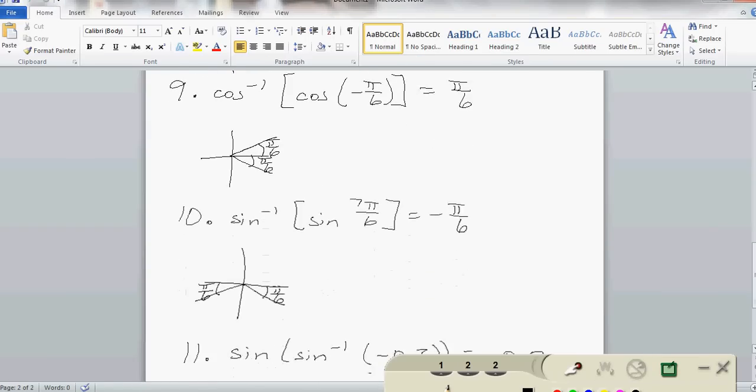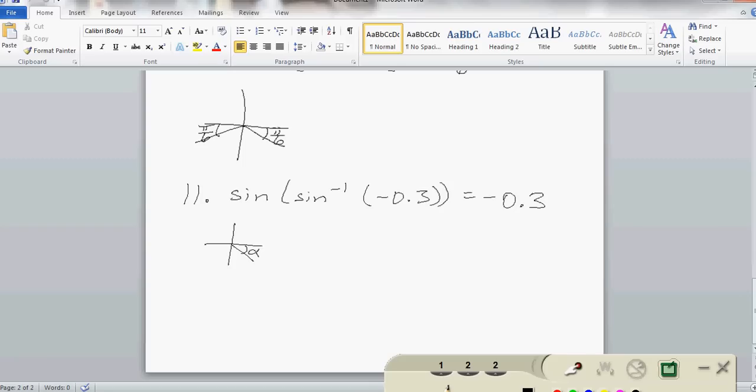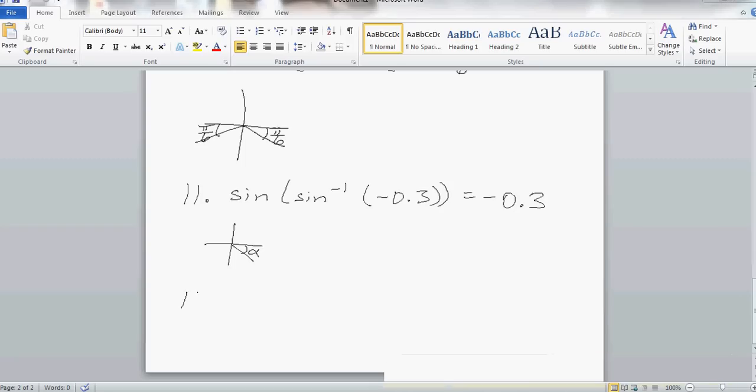As the final example for this particular video, we're going to look at example number 12, and that is the sine of the arc sine of 1.3. Now, where is sine positive? It's somewhere here in quadrant number 1. So we have some angle whose sine is equal to 1.3.